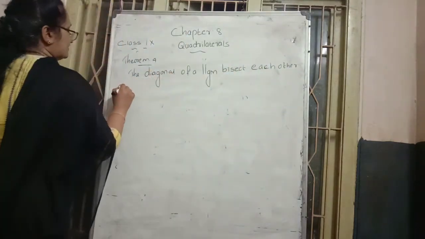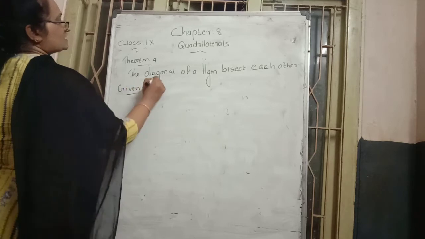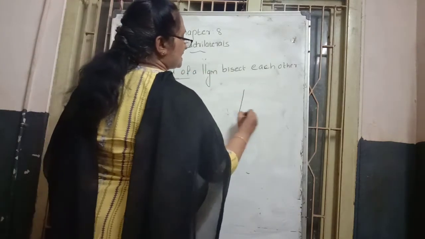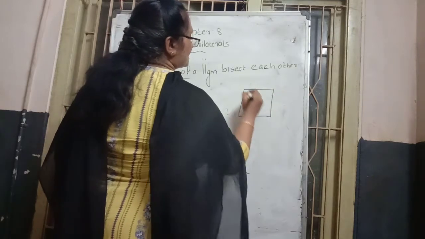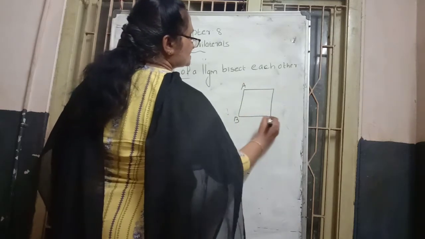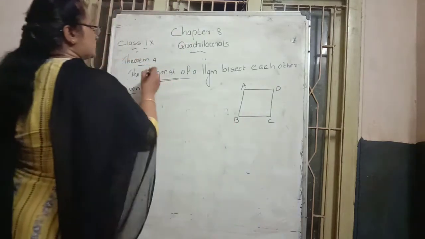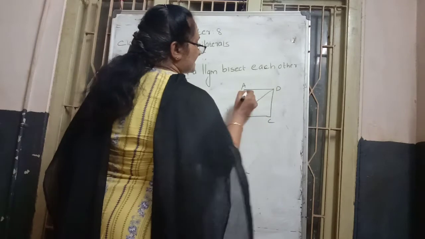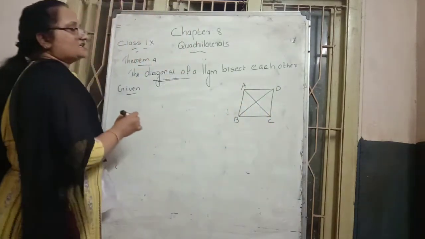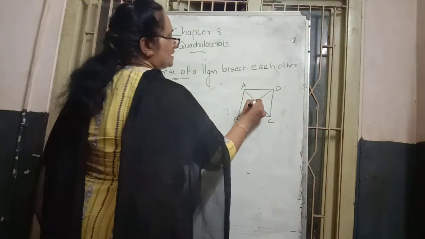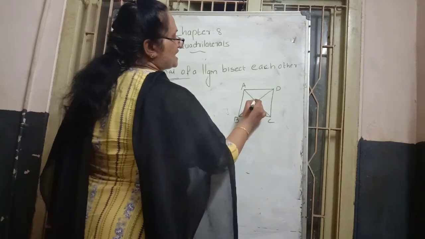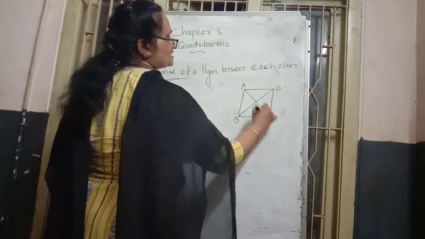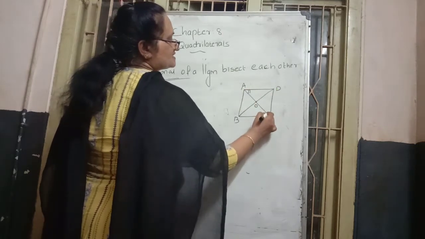So first, the given. What information is mentioned about the diagonals of the parallelogram? We can mark a parallelogram ABCD. Diagonals are also mentioned. So BD and AC are the two diagonals, and their intersecting point we can mark as O. Then these two angles are equal, and in this way, this and this are equal.